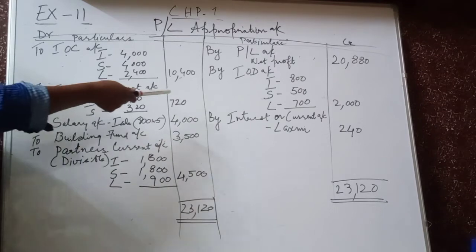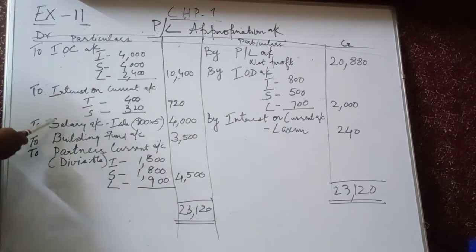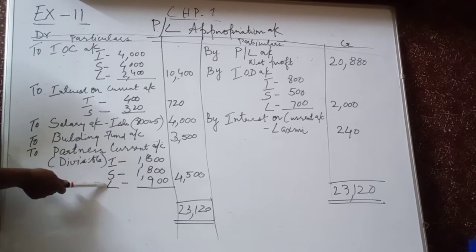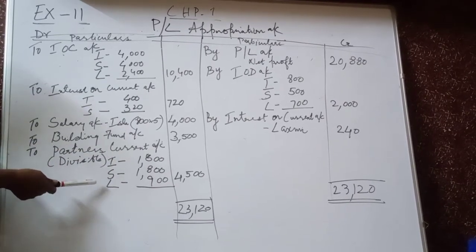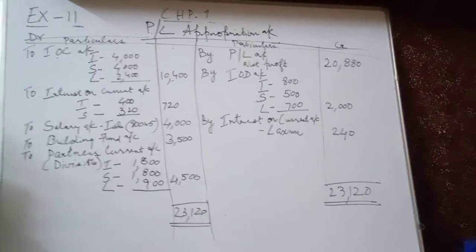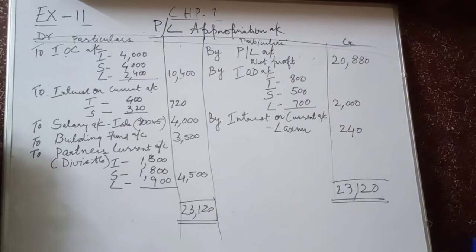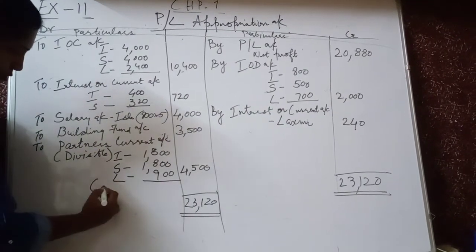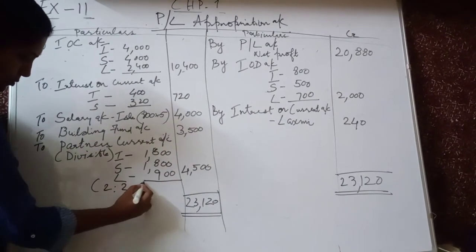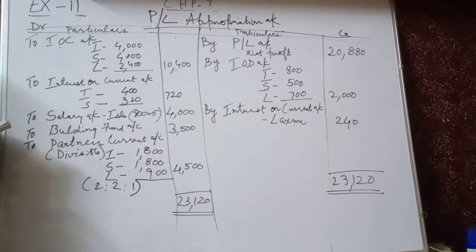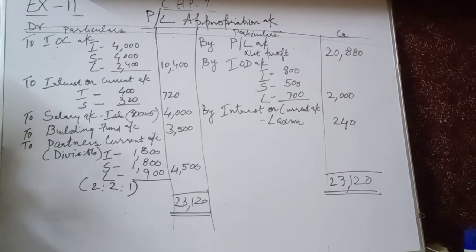Then the difference between the debit side and the credit side is your divisible profit, which is distributed among the three partners in their opening capital ratio. And here the opening capital ratio is 2:2:1.